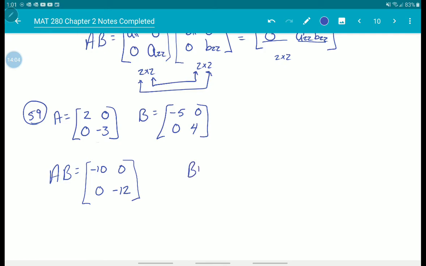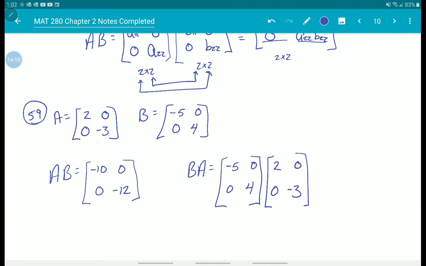Now, if we wanted to find BA, we're multiplying in the opposite order. Generally, multiplication is not commutative. However, because we're dealing with diagonal matrices, we're going to get the same result. Because it doesn't matter whether I multiplied 2 times negative 5 or negative 5 times 2, I'm still going to get a 10.